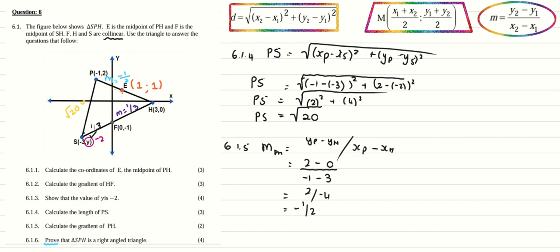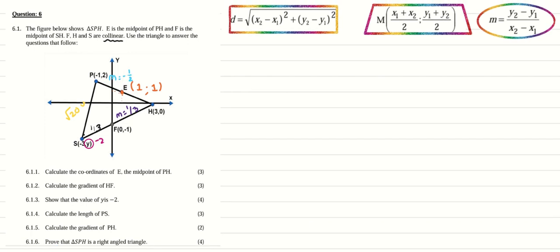Okay, so let's clear the board quickly. What we are trying to prove is that this angle here is a 90-degree angle, and to do so we need to show that PS and PH are perpendicular. So this segment here and that segment there, we are trying to show that they are making a 90-degree angle.